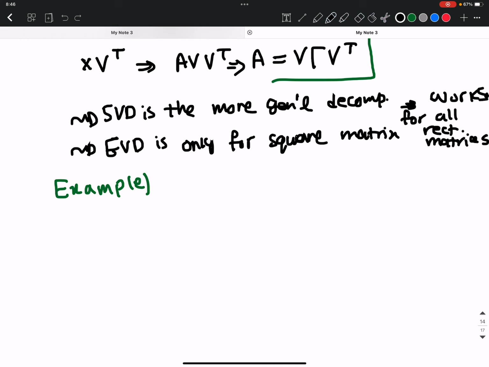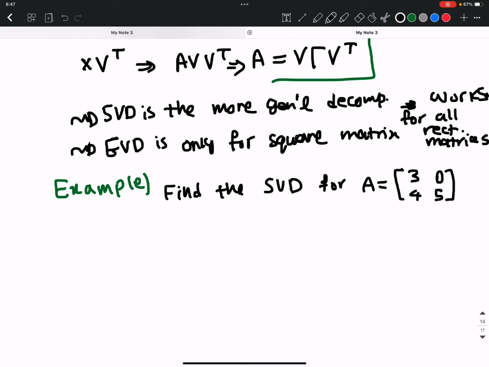So what we want to do in this lecture is find the SVD, the singular value decomposition, for this matrix A equals 3, 4, 0, 5, a square matrix of 2 by 2.